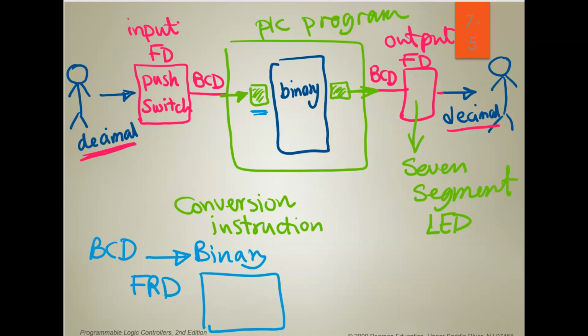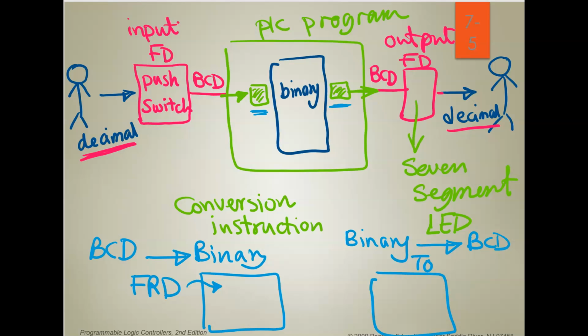That's an instruction which we call FRD, or from binary coded decimal. And then the other instruction that can convert the binary value to binary coded decimal is called TOD.